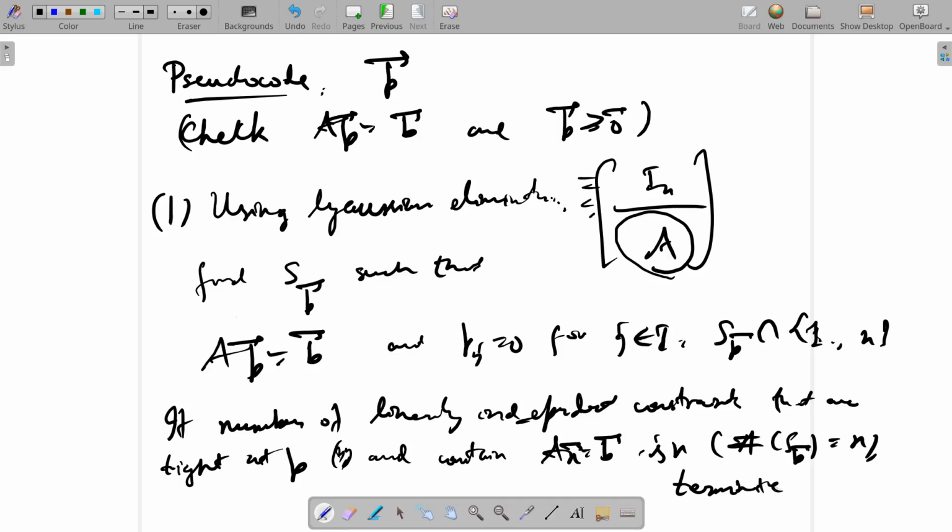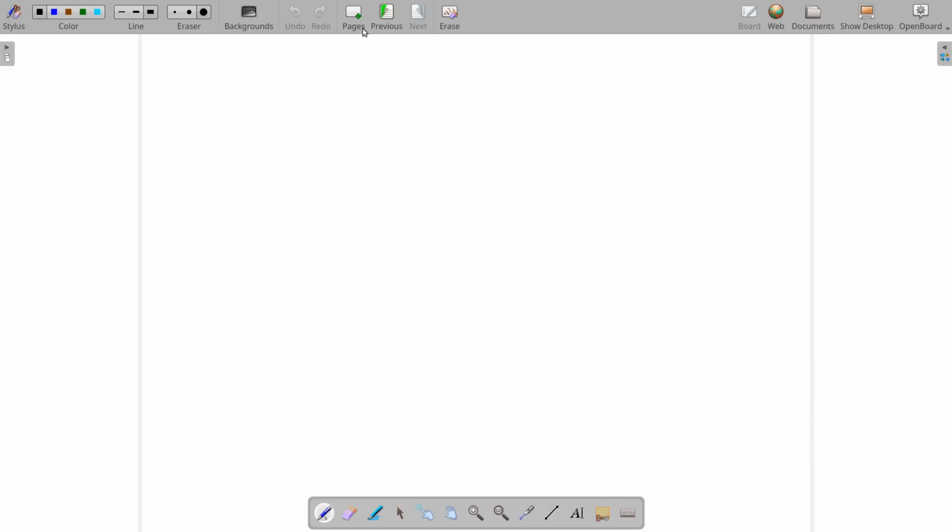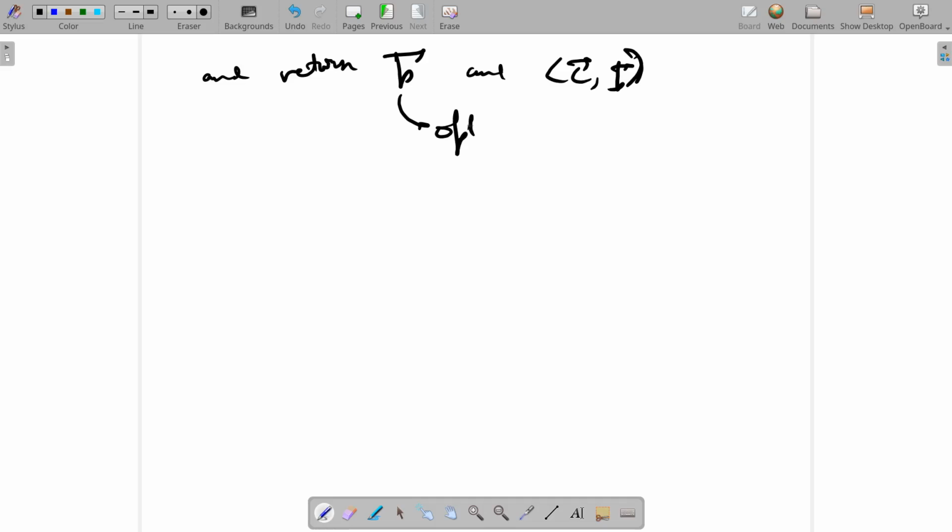So this is already giving a termination condition. And what should we return? Return P, that vertex. Return P and c dot P. So this is the optimal solution, and this is the optimal cost.